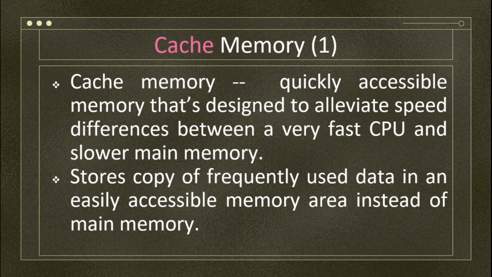So imagine it's a balancer between the two. Furthermore, the cache memory stores copies of frequently used data in an easily accessible memory area instead of main memory. In addition, it acts as a temporary storage area that the computer's processor can retrieve data from easily.